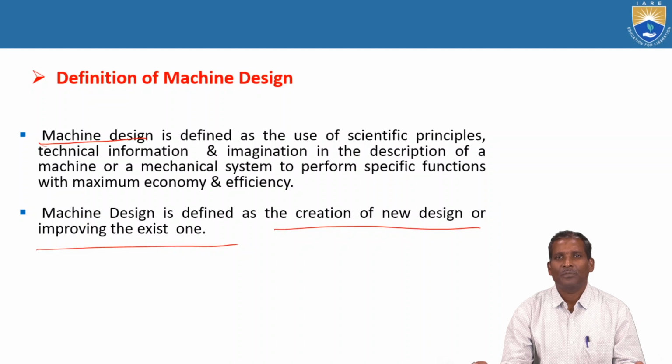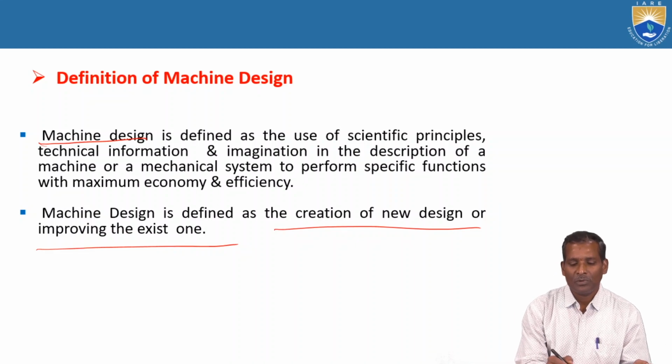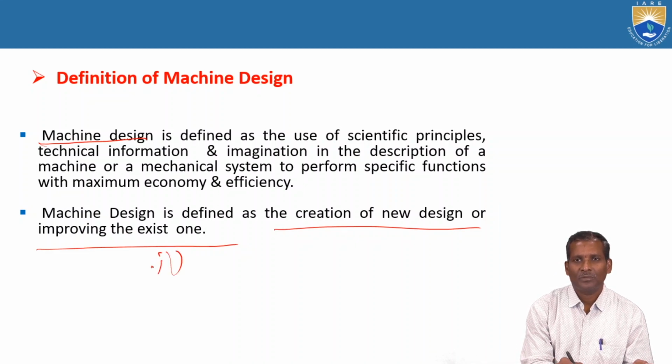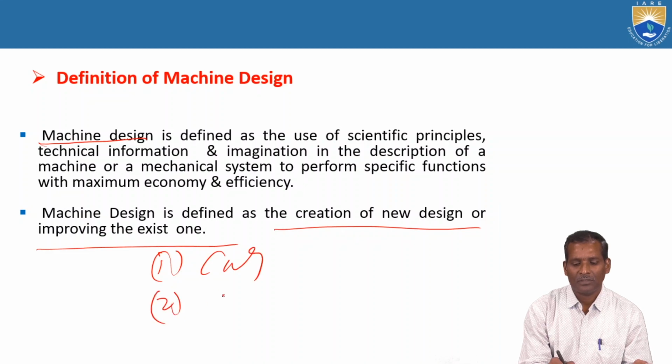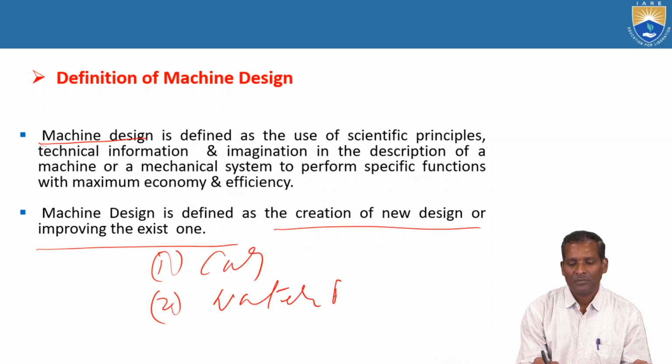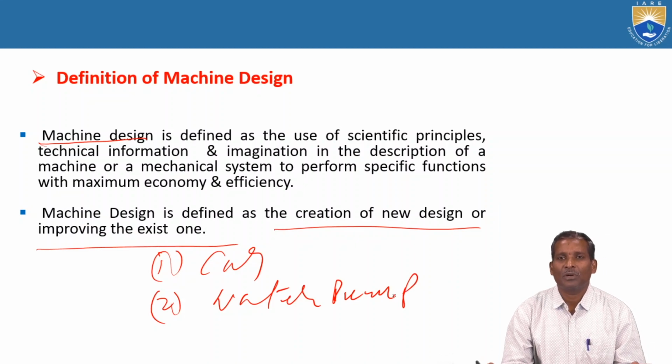Suppose, for example, a car. You want to design a car. What is the need of a car? To transport passengers from one place to another. Another example, a water pump. First one is the car and the second one is the water pump. You want to design this water pump. For what purpose? To lift water from a low level to a higher level.